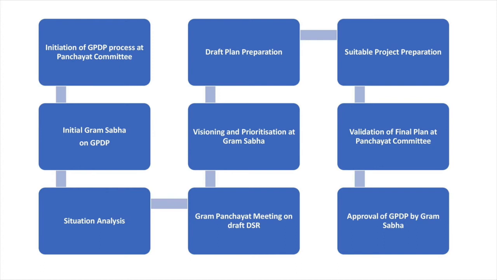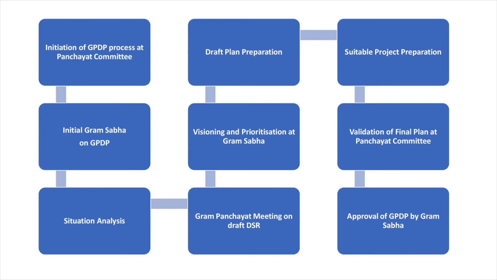And the fifth step is visioning and prioritization at Gram Sabha. This is the Gram Sabha of the Gram Panchayat Development Plan process, to be conducted after preparation of the Draft Development Status Report. The Draft Development Status Report is to be finalized during the Gram Sabha, and the development issues should be prioritized for the annual plan and the 5-year perspective plan.